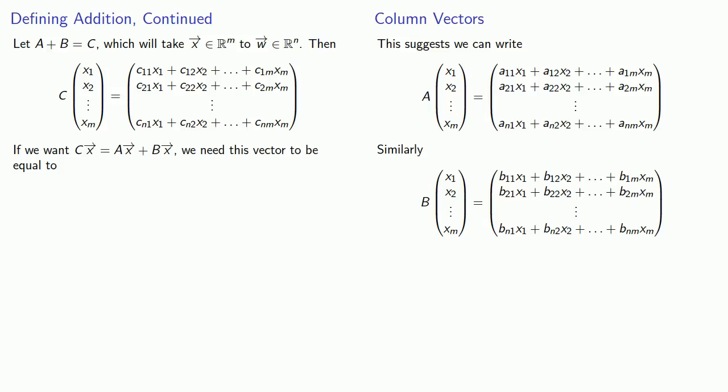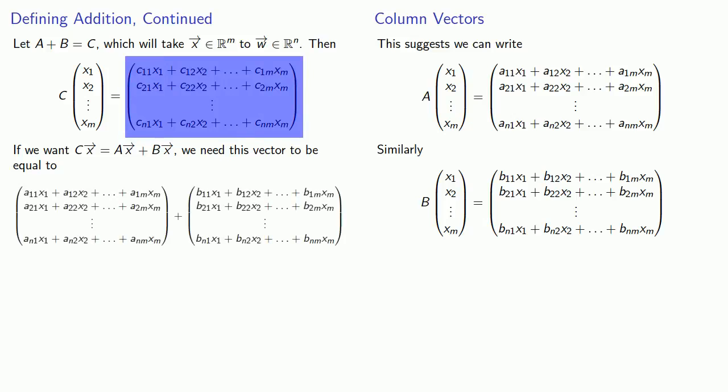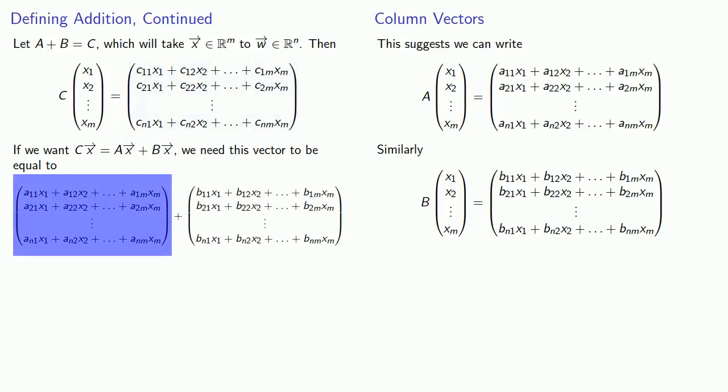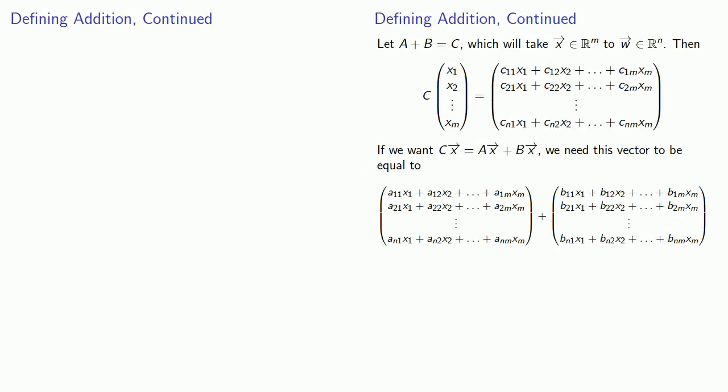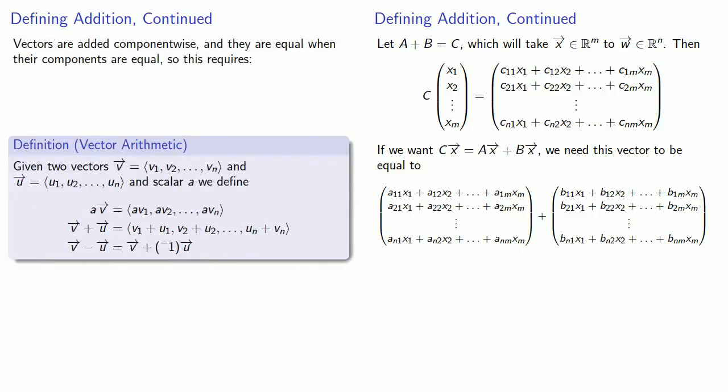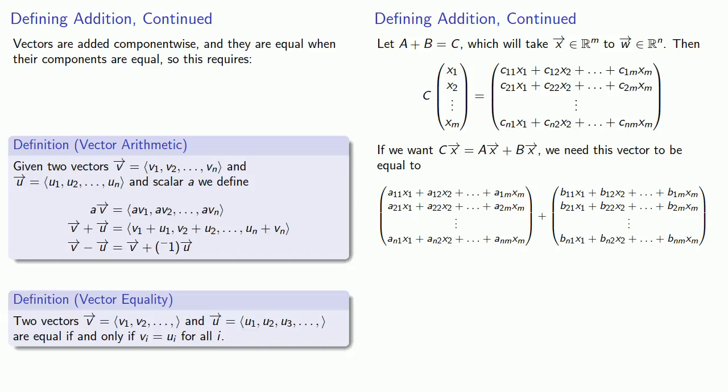Now we want Cx to be equal to Ax plus Bx, so we need this output vector to be equal to our Ax vector plus our Bx vector. It's important to remember that this equality and this sum are based on vector equality and vector sum. So remember that vectors are added component-wise, and they are equal when their components are equal.